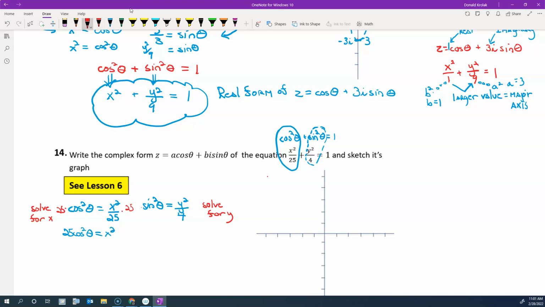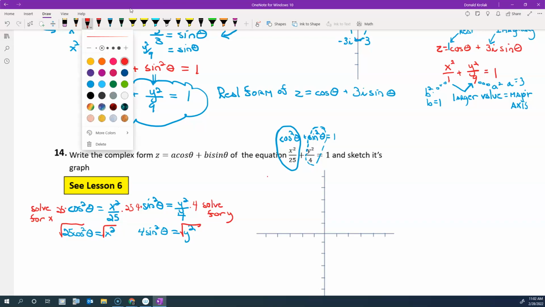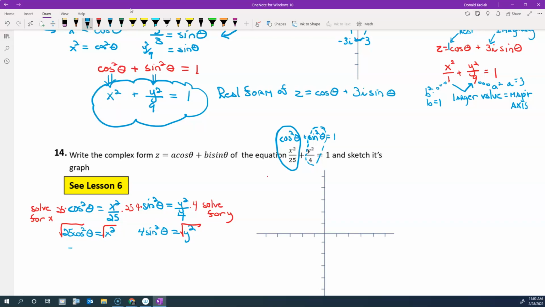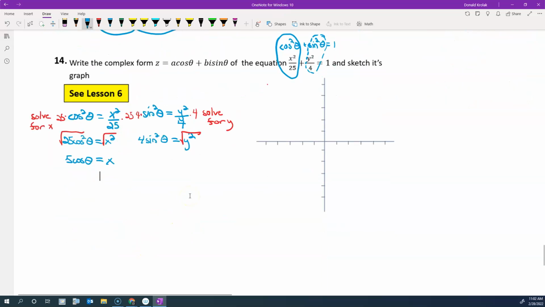This one for y. Take the square roots. This one would be 5 cosine theta. And take the square root here, and it would be 2.